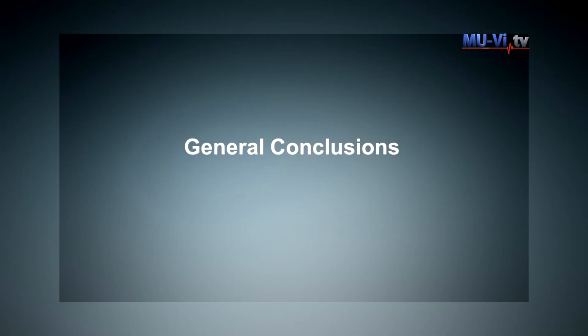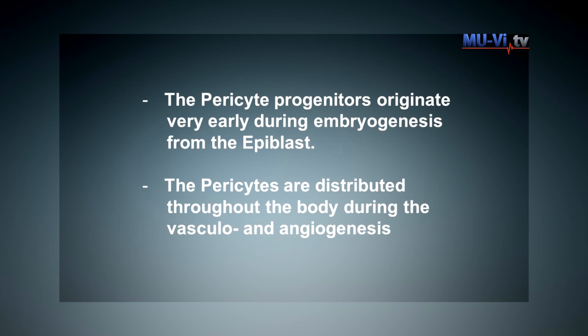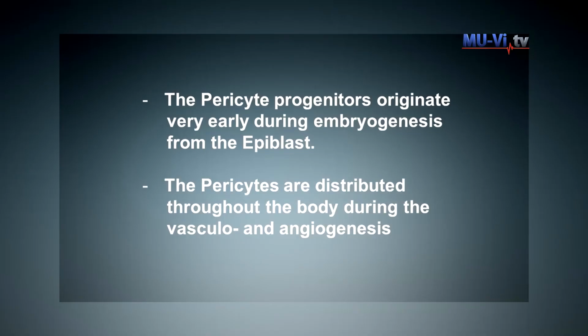So, ladies and gentlemen, some general conclusions. The pericyte progenitors, we mean, are very early cells which originate from the epiblast during embryogenesis. The pericytes are distributed through the blood vessels throughout the whole body, and the pericytes are pluripotent stem cells similar to the epiblast cells.